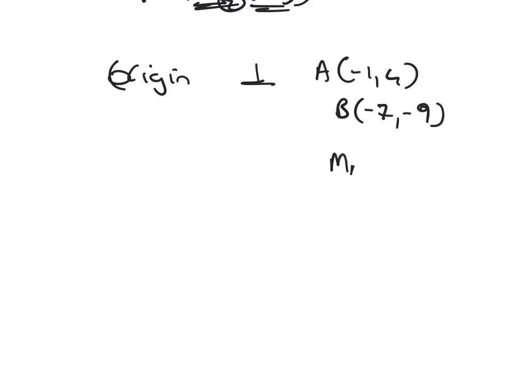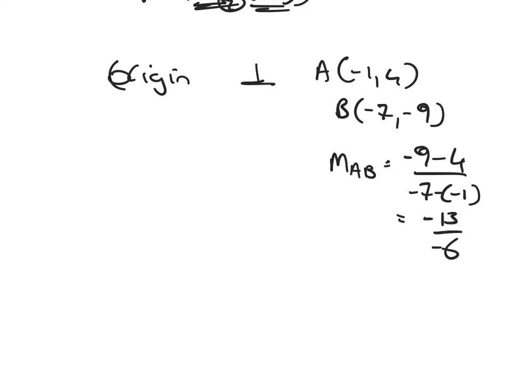Let's first of all find the gradient of AB. So that will be -9 minus 4 over -7 minus -1. -9 minus 4 is -13 over -7 minus -1 is -7 plus 1. That's -6. And that will cancel to give me 13 over 6.